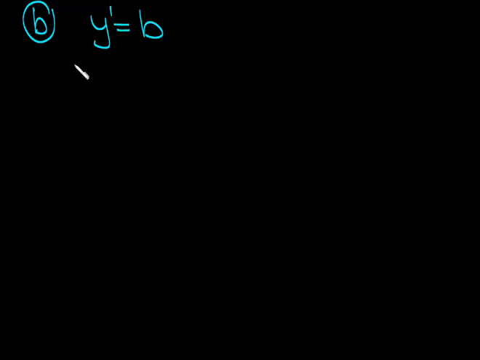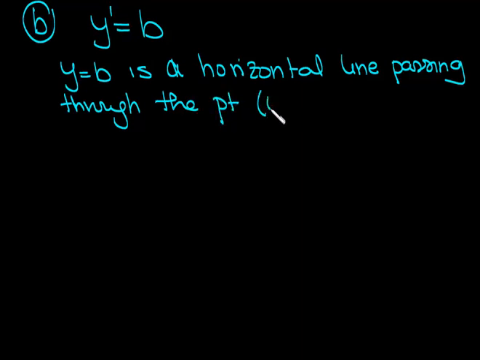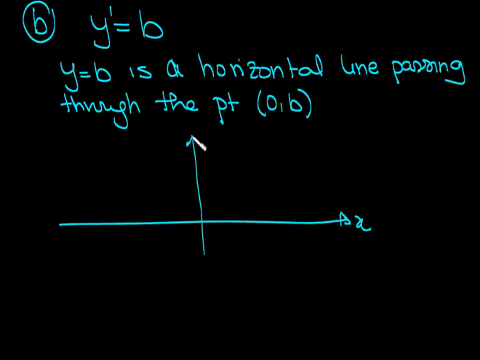So y is equal to b is a horizontal line this time, passing through the point (0, b). So let me go ahead and graph that. So here's my x and my y. Let's say this is some point b on the y-axis. So y is equal to b is just a horizontal line that goes through like this.